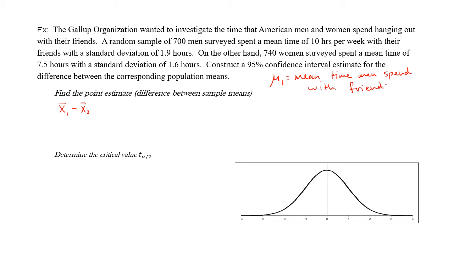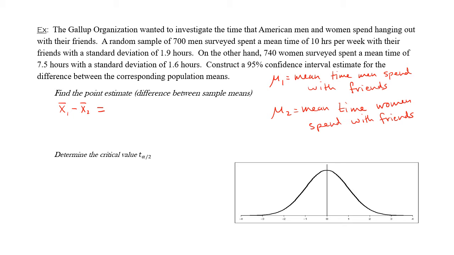And then we'll let mu2 be the mean time that women spend with friends. And so our point estimate here will be subtracting the mean between the two samples.